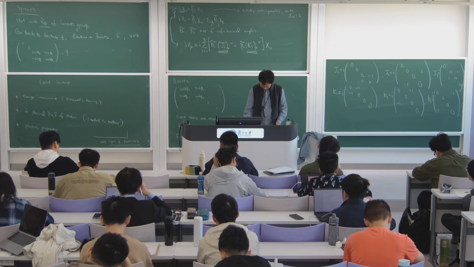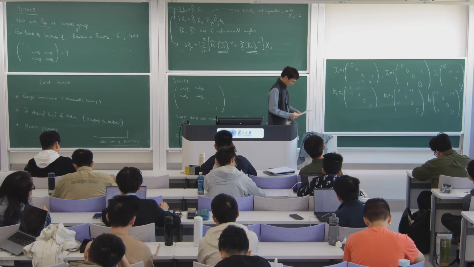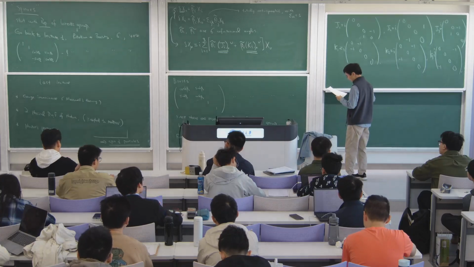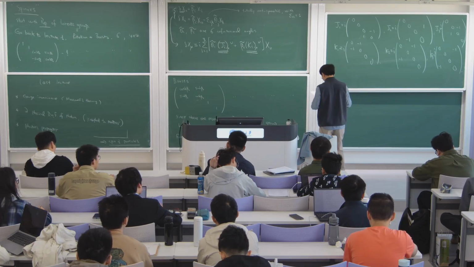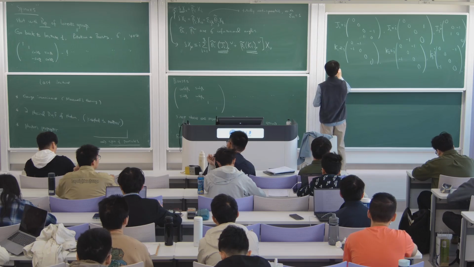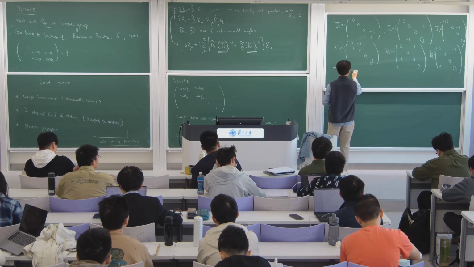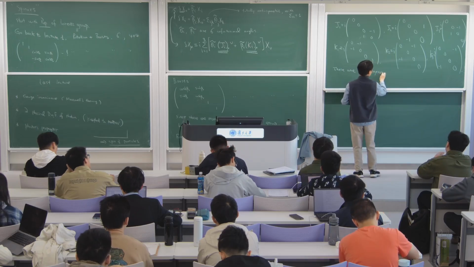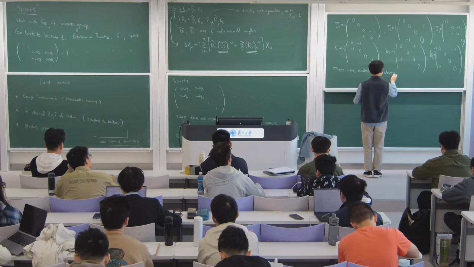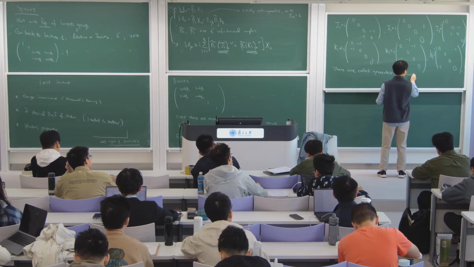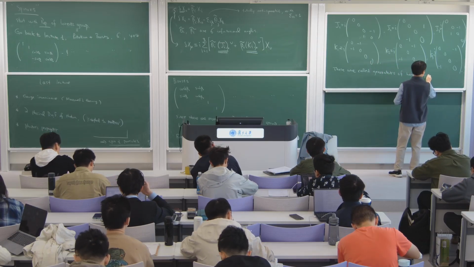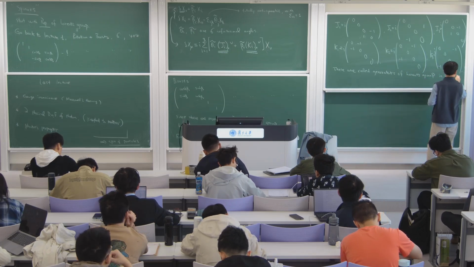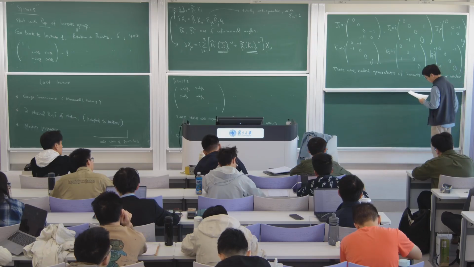So what do we do next? Someone mentioned we have to consider the commutators. But before that, let me make it more clear. These matrices are called the generators of Lorentz transformations in the four-vector space.